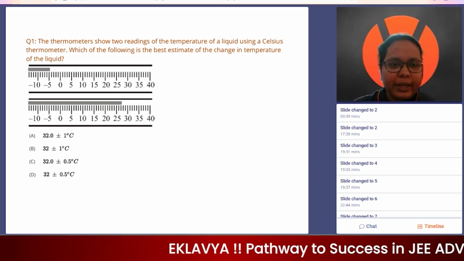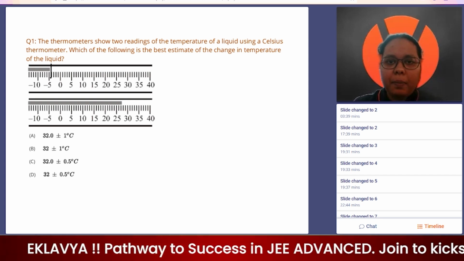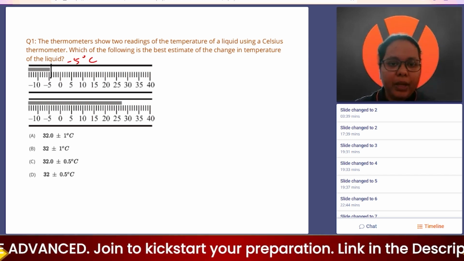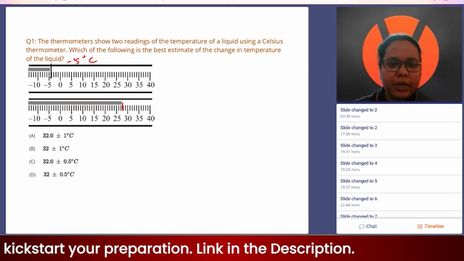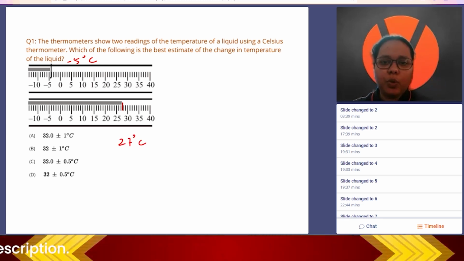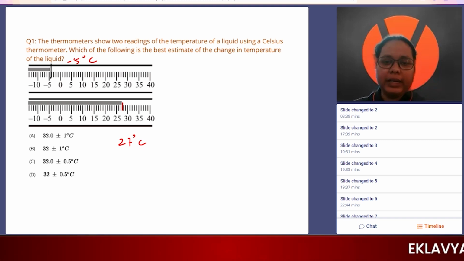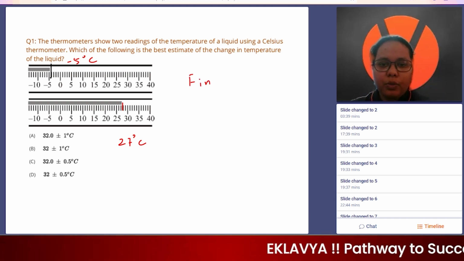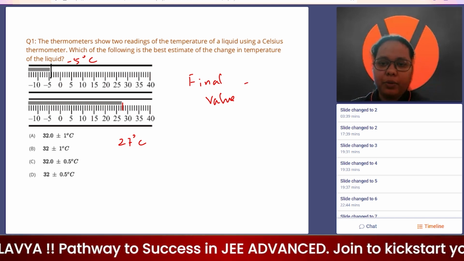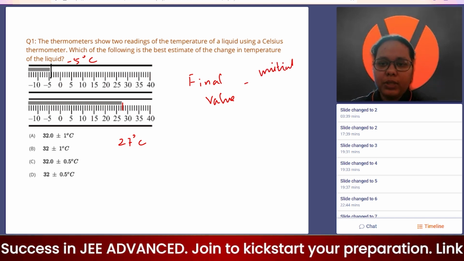In the first diagram, my reading is minus 5 degrees Celsius, right? And here it comes to minus 27 degrees Celsius, okay? So what is the value? The final reading minus the initial value.